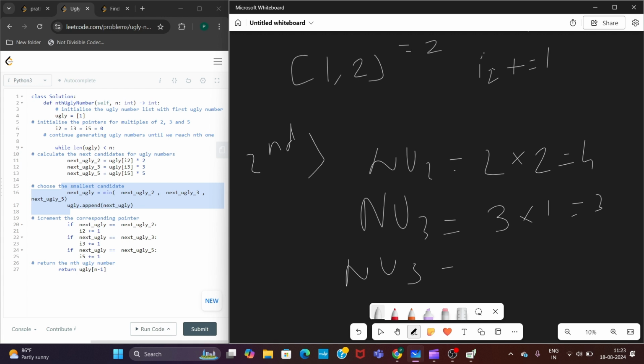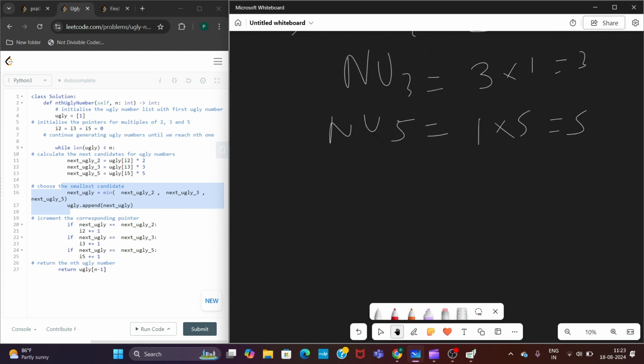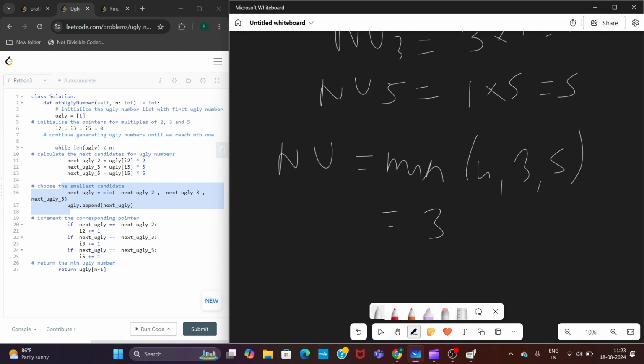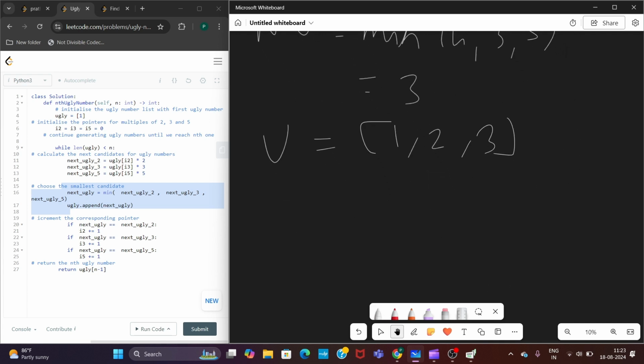Then next ugly of 5 is 1 into 5 which is 5. Then my next ugly will be the minimum of 4, 3 and 5, which is 3. So my ugly will be 1, 2 and 3. And in this case, I3 will be incremented by 1.